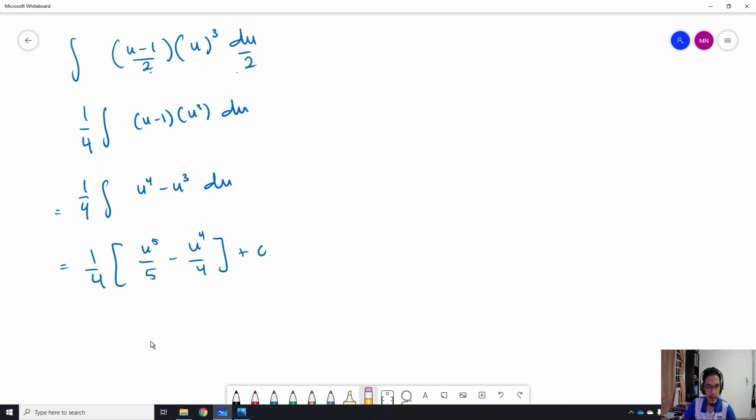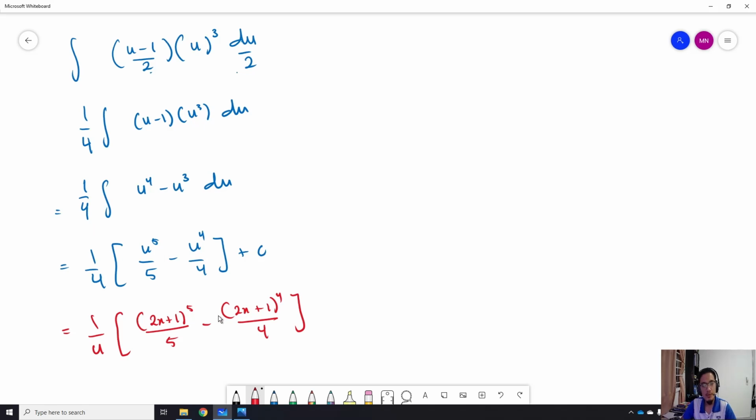So now we resubstitute the value of u into the equation. So it is (2x+1)^5 over 5 minus (2x+1)^4 over 4.